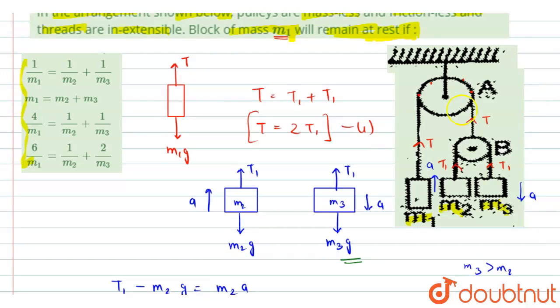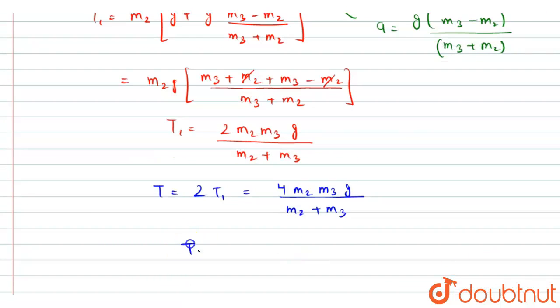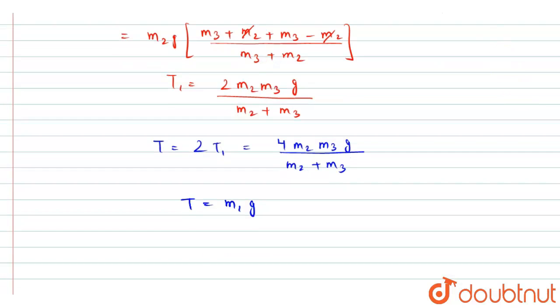Now from the free body diagram of the block of mass m1 we can write T must equal m1g, for mass m1 to remain at rest. So putting the value of tension T, we get 4 m2 m3 g whole divided by m2 plus m3 equals m1g.